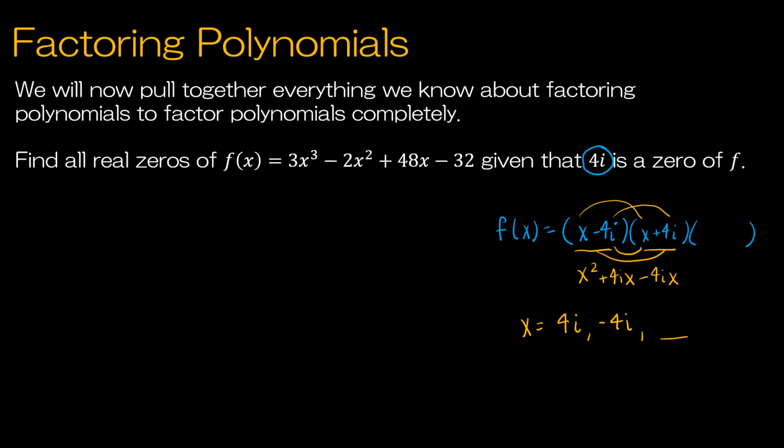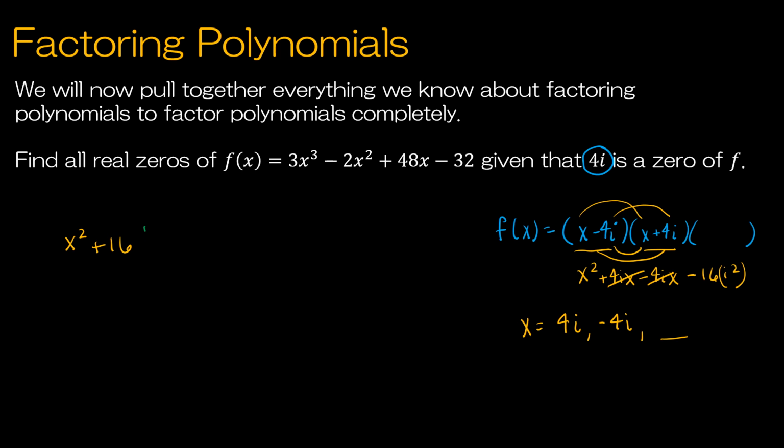And last is negative 16i squared. Well, we know the 4i and the minus 4i cancel. So I have x squared, and then this is minus 16, and then times i squared. Remember, i squared is negative 1, so it's minus 16 times minus 1, which is plus 16.